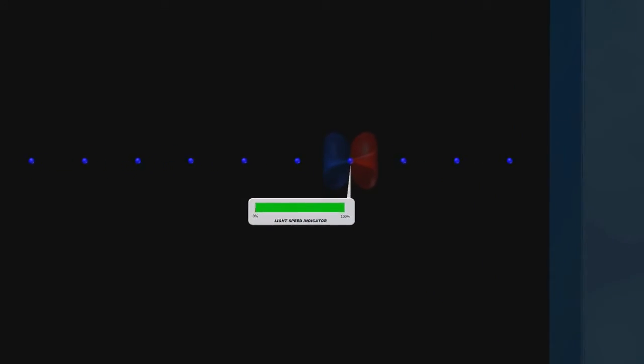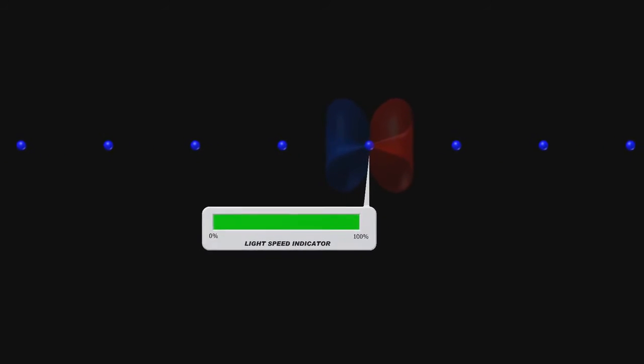Now we have a row of photons that we are going to observe as they go through the glass. Let's attach a light speed indicator to one of the photons to keep track of its speed.